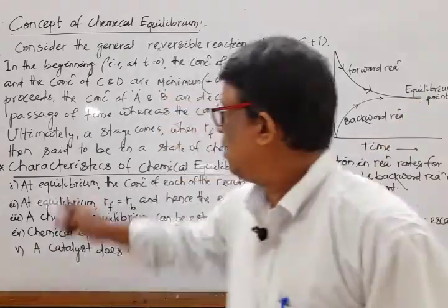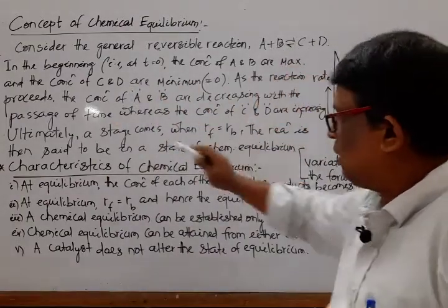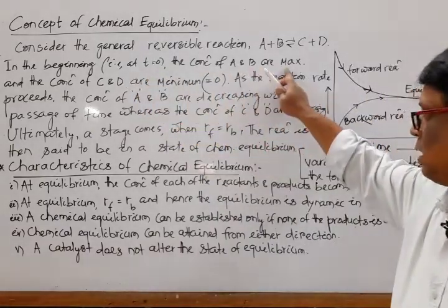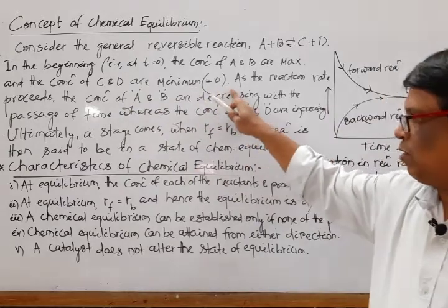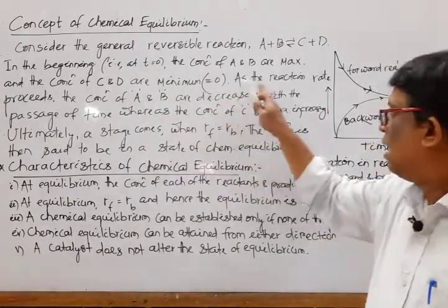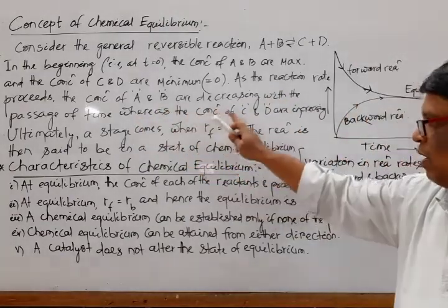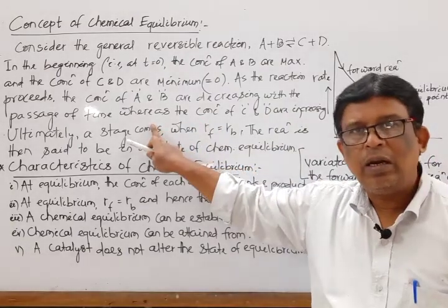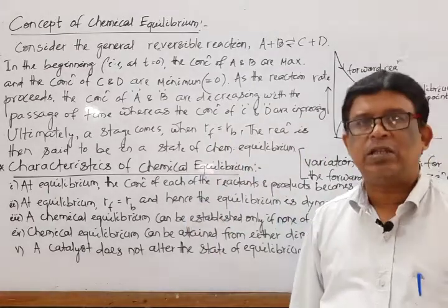Mark that. Consider the general reversible reaction A plus B gives rise to C plus D. In the beginning, that means when time is equal to 0, the concentration of A and B is maximum and the concentration of C and D is minimum, that is 0. Product is 0. As the reaction proceeds, the concentrations of A and B start decreasing with the passage of time, while the concentrations of C and D increase with the passage of time.